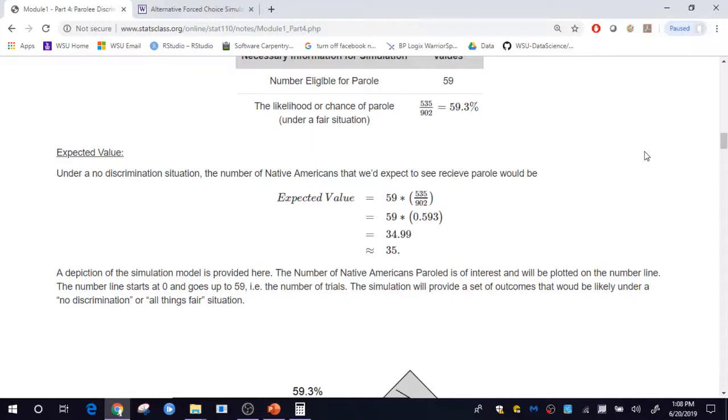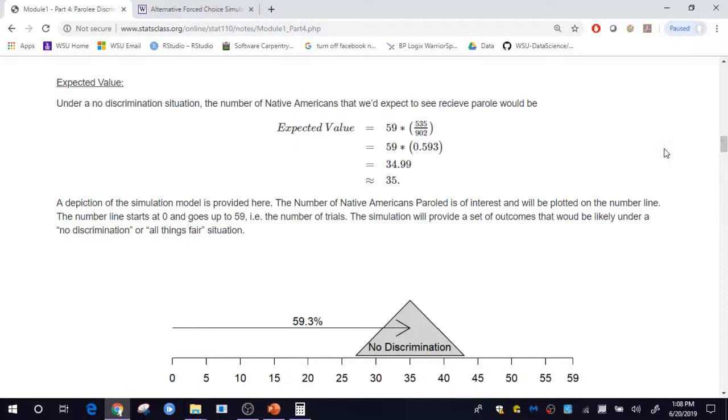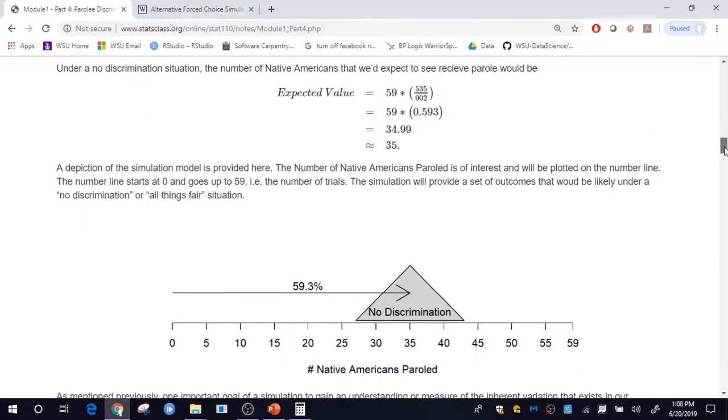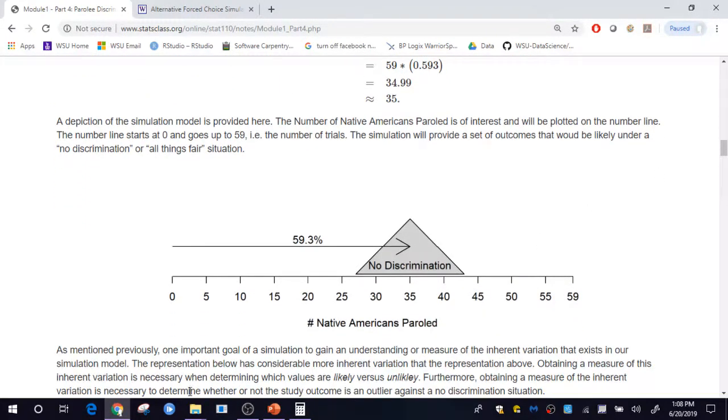So I'm just going to take 59 times 0.593, which turns out to be 34.99, or about 35. So under an all things fair situation, I would expect to see about 35 Native Americans being paroled.